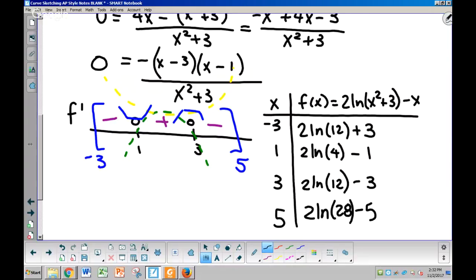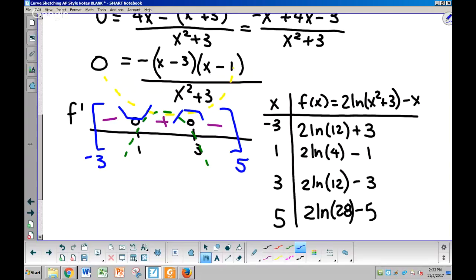All right, so we have to figure out what's going on here. We already know that at 1 there's a minimum of some sort. But is part A asking for any absolutes? No. So what's it asking for? Relative. So as I leave negative 3, my function is decreasing.